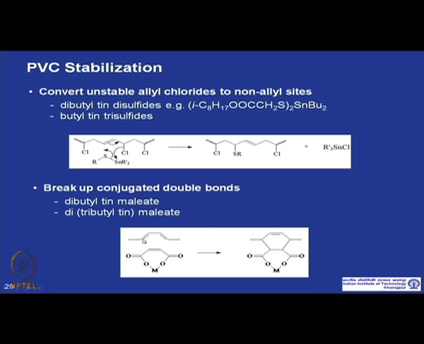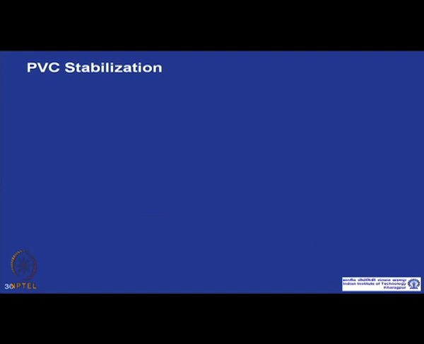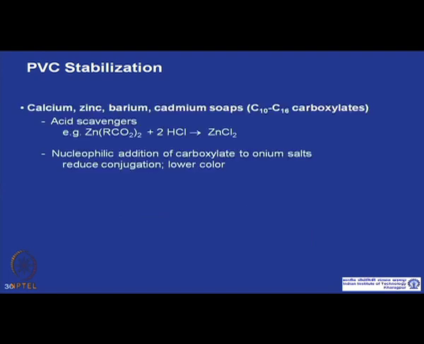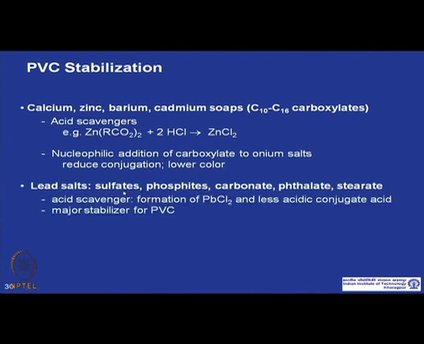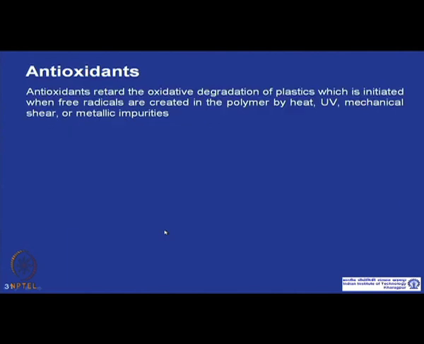And there are additives like dibutyl tin maleate which break up the conjugated double bond and prevent the degradation further. There are other additives used for PVC stabilization like soaps of cadmium, zinc, barium salts, and they act as acid scavengers. Lead salts also act as acid scavengers, and they are one of the major additives used in the PVC industry.